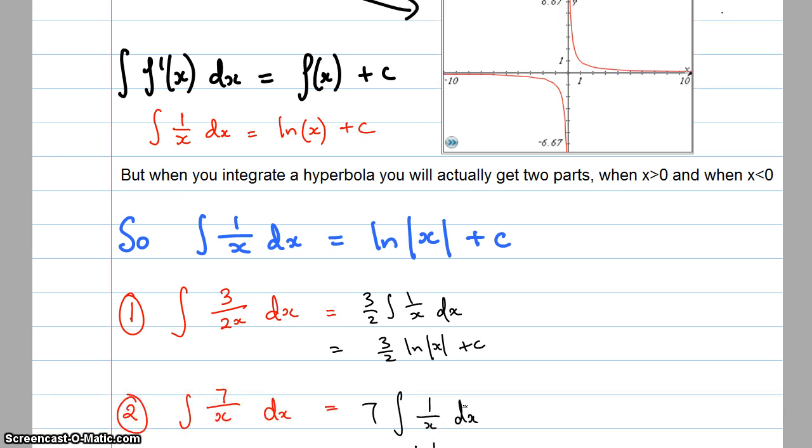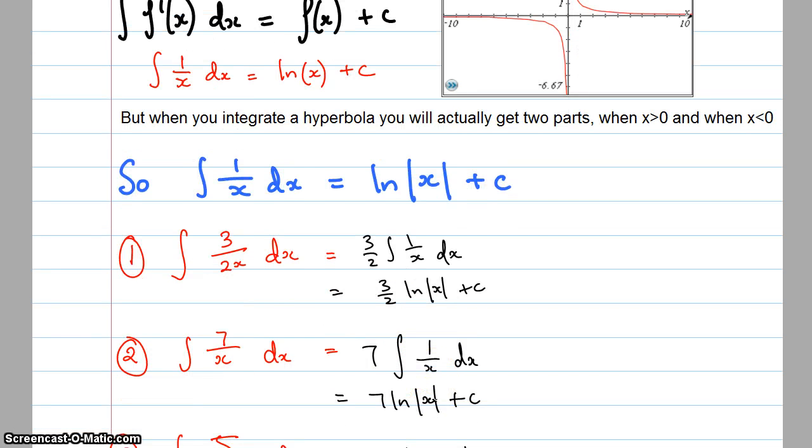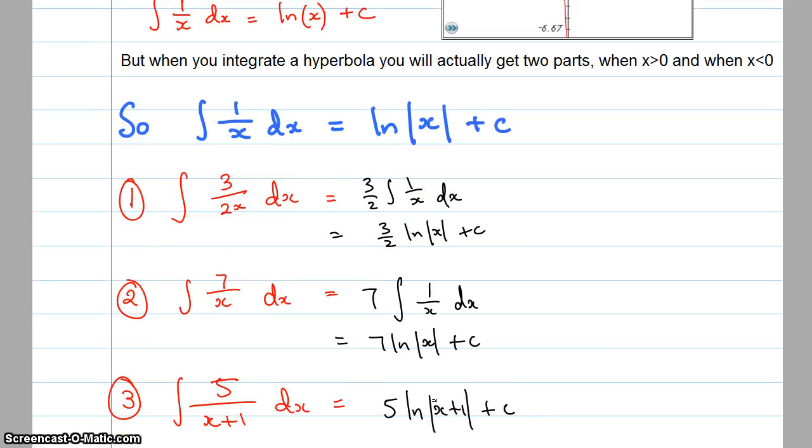Similarly with this one here, I can take 7 out because it's a constant, and that becomes integration of 1 on x, so therefore the answer then becomes 7 log absolute x plus c. The next example I've got here, I can take the 5 out the front as a constant, and then I can integrate 1 on x plus 1.